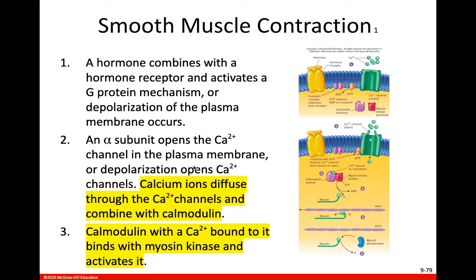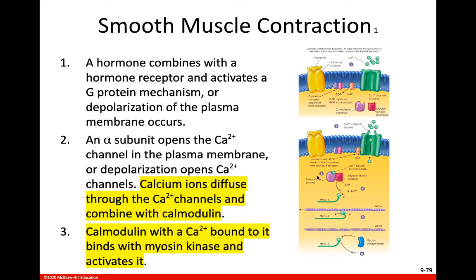In either case, whether a hormone binds and activates a G protein mechanism, with an alpha subunit opening calcium channels, or a neurotransmitter binds and opens sodium channels, we're going to end up opening up calcium ion channels.